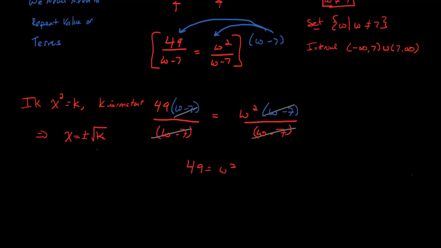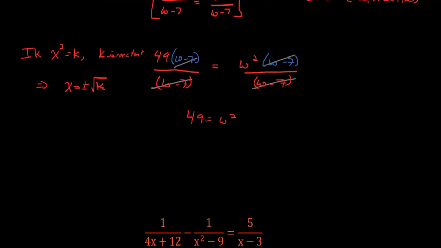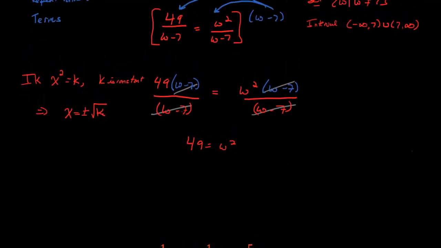So as we solve w squared, make sure not to forget the plus or minus. I take the square root of the right side and the left side, adding plus or minus in front. So plus or minus 7 is equal to w.